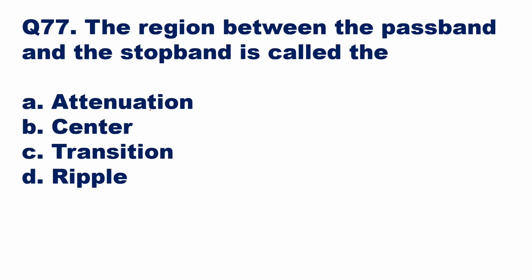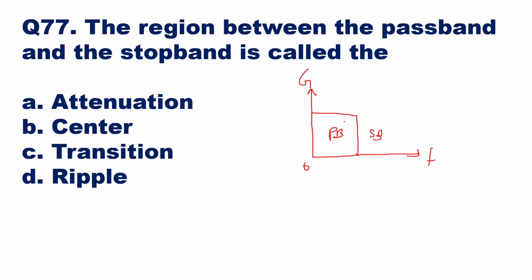Then we'll go to the next question, question number 77. The region between the pass band and the stop band is called what? If you see the region between the pass band and stop band, you can see a response. Here, this is gain, this is frequency, this is zero. Say, for example, this is the pass band and this is the stop band.